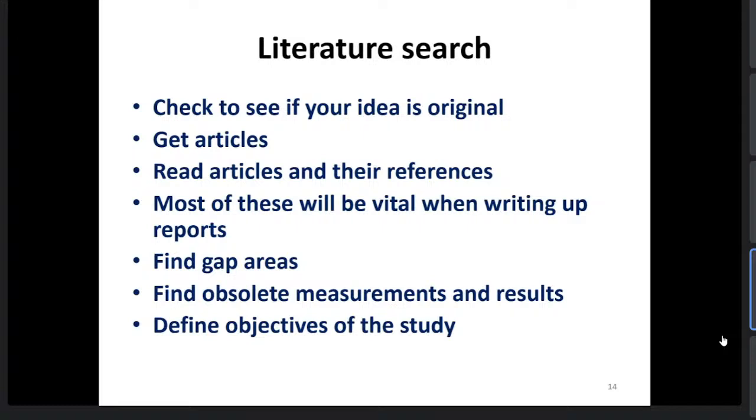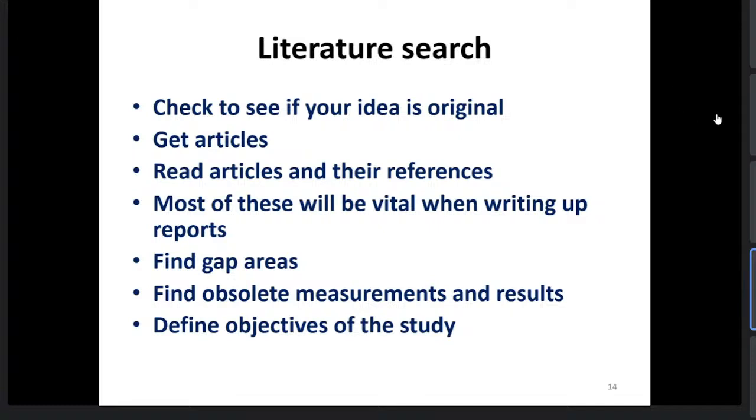So we have to check what the ideas are for a particular problem, and we have to find the gaps. We have to identify the limitations of the work, and think about whether you are able to give any solutions or overcome the limitations of these problems. That is very important for research works.